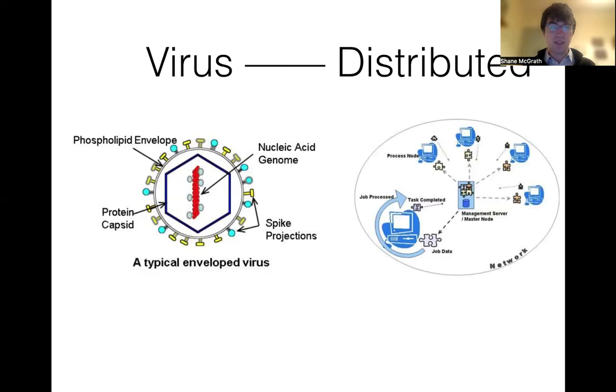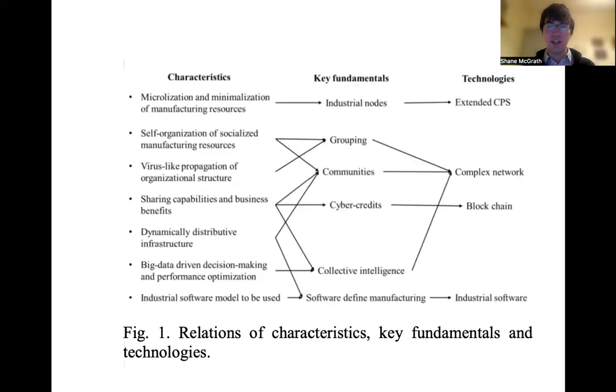We have all these nodes around maybe a centralized structure, and then sharing capabilities of business benefits. These groups or communities form a kind of complex network. So the complex network is the technology here.